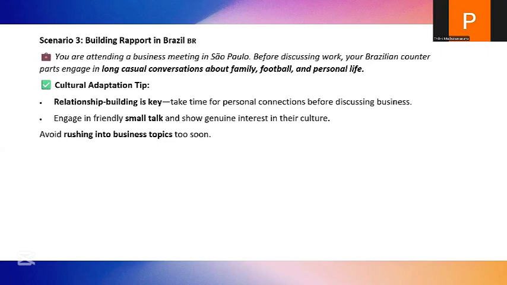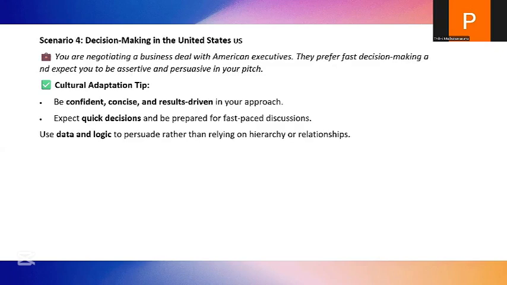Let's move on to the third scenario. It's building rapport in Brazil. Okay, let's move on to the fourth scenario.